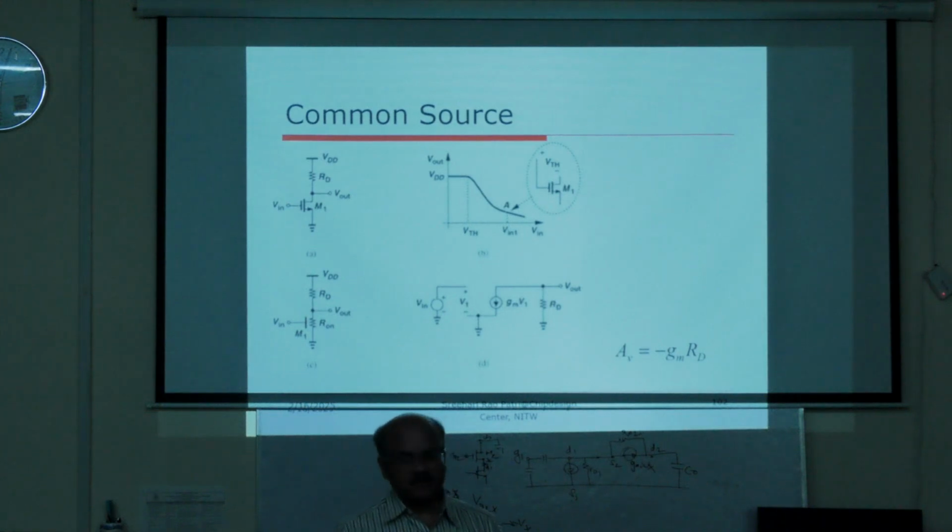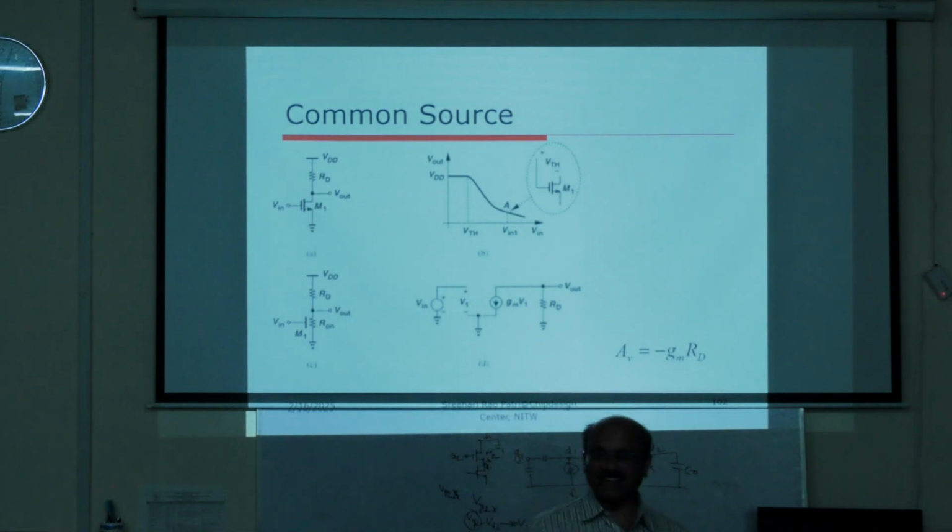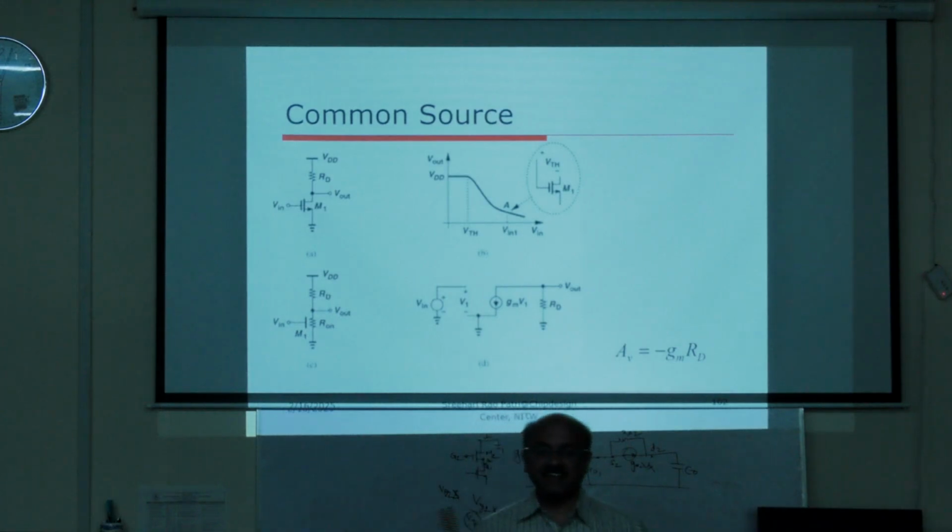Snigdha says linear. I want to amplify, you know. So how do I do that? Then linear. Huh? So quickly change. In which region do you want to bias? Saturation. Why?